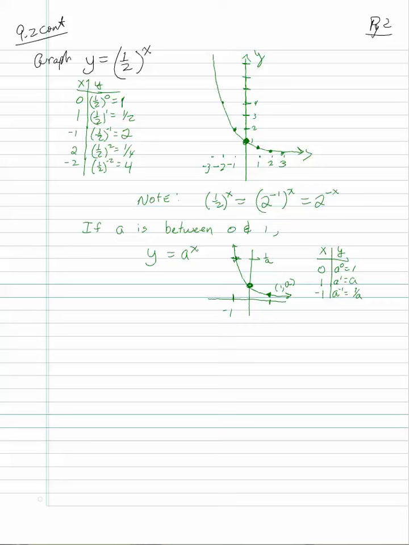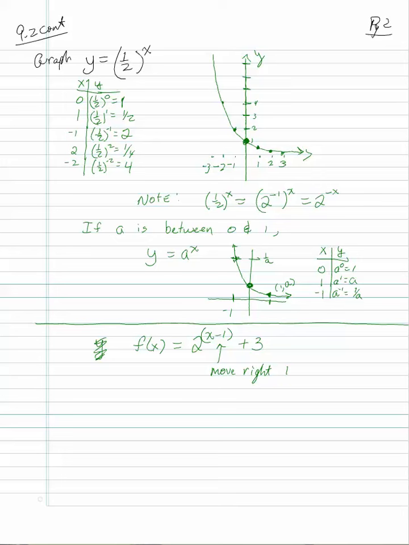All right, and then all our rules about transformations, moving it up, down, sideways, to the left, right, that stuff all works the same. So if I had f of x is equal to, say, 2 to the x minus 1 plus 3, this is going to move right 1.